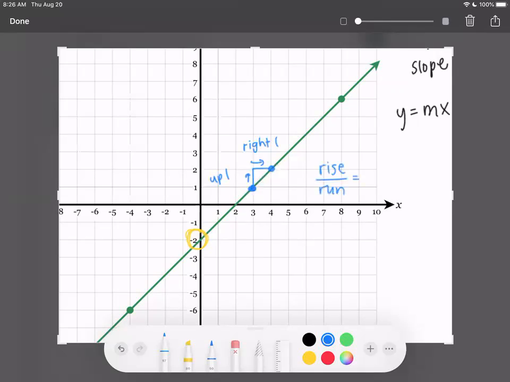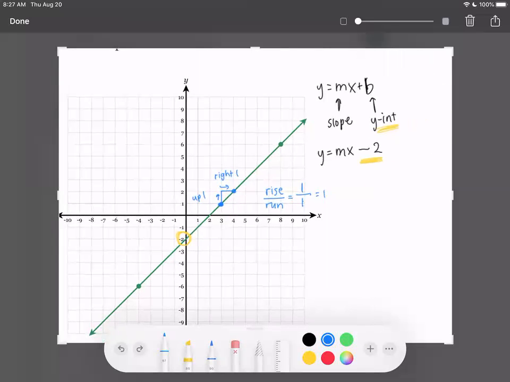And so if we're going up 1, that's a positive rise, so +1. And then over the run, which is the left-right direction, if we're going right 1, that's also a +1. So up and right are both positives. And then we can simplify 1 divided by 1, that's just 1. So our slope, or my slope, sorry, because I have a different picture than you, my slope is 1.